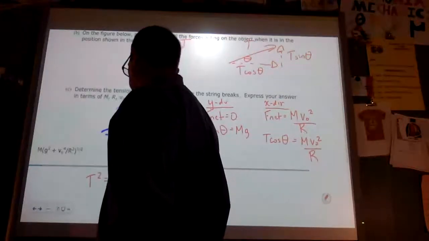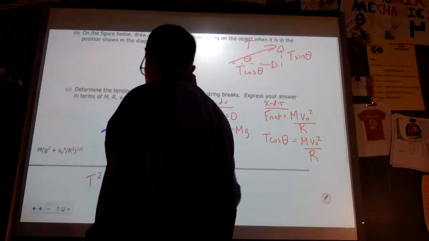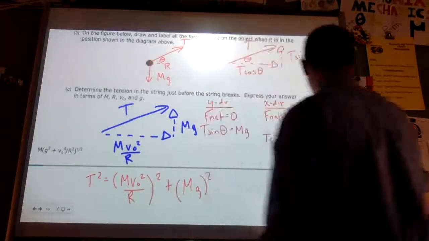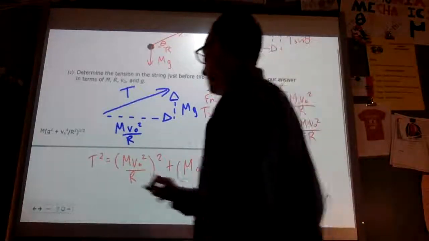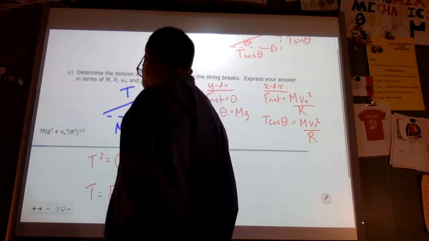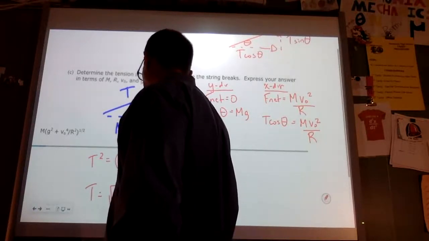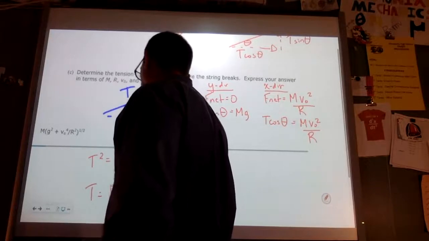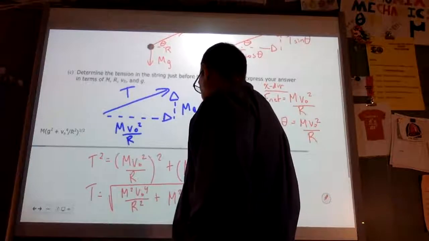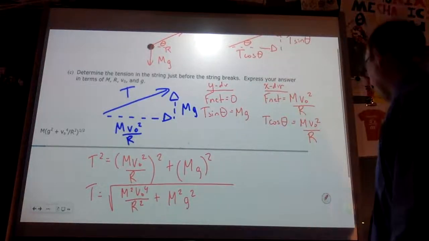So T squared is going to be equal to m v naught squared over r, squared, plus mg squared. And so T is going to be the square root of m squared v to the fourth over r squared plus m squared g squared.